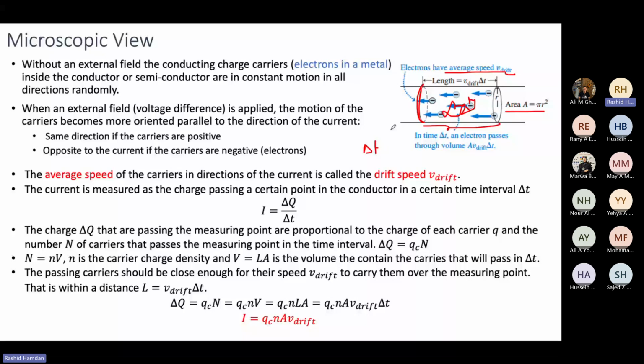So how close do they need to be? They must be within an interval length of v drift times delta t. Everything in this area, whose length is v drift times delta t, would pass.